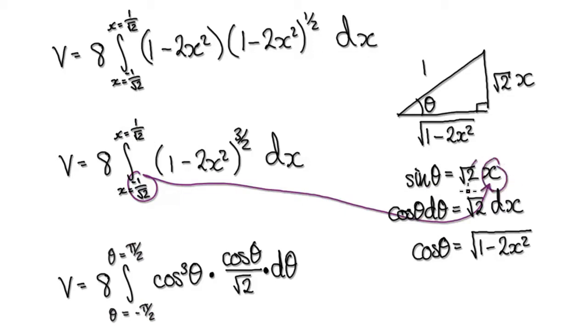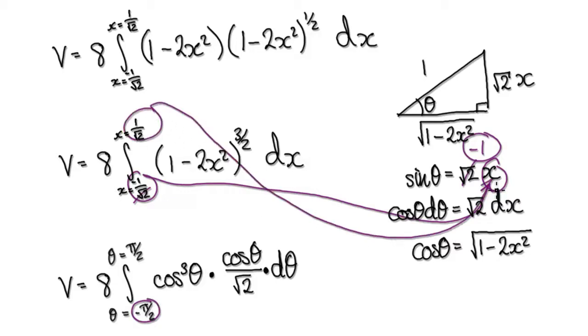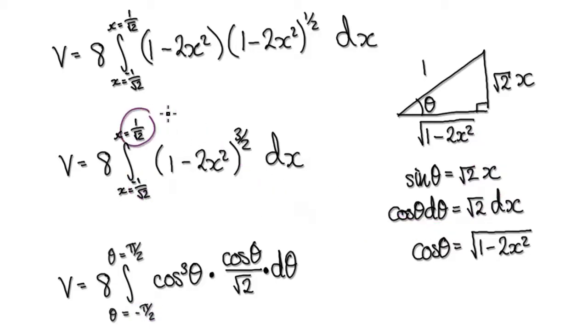The square root of 2 will cancel out this square root of 2, so that will become negative 1. And then really you're integrating from negative pi over 2. And if you put this into here, that would be root 2 times 1 over root 2. These two cancel each other out, it would be 1.